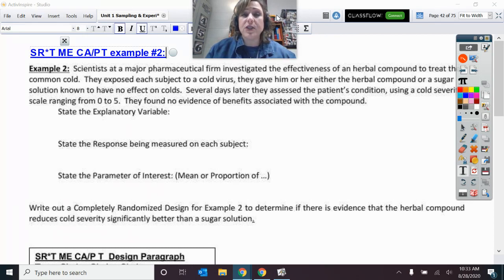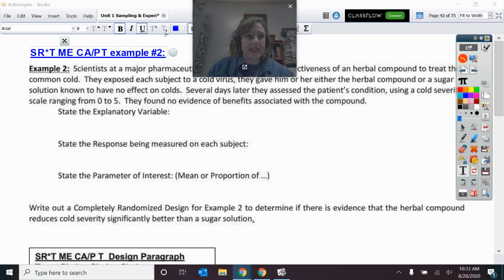All right. Several days later, they assessed the patient's condition using a cold severity scale ranging from 0 to 5. They found no evidence of benefits associated with the compound. So they had no significant difference between the cold severity of the herbal compound and the cold severity of the sugar solution. Okay. So then they wouldn't want to sell that and such.